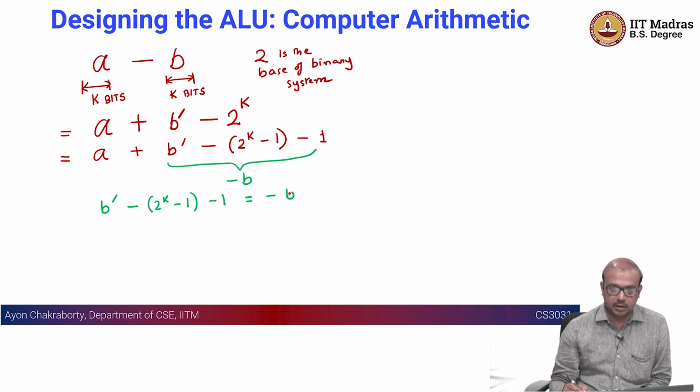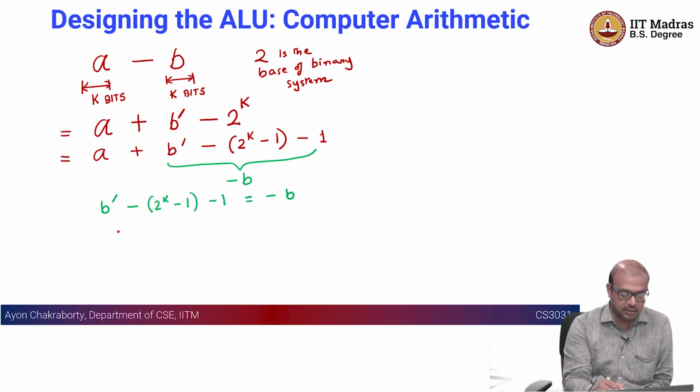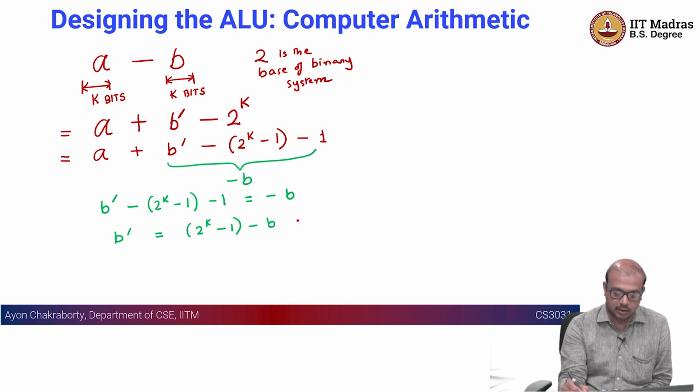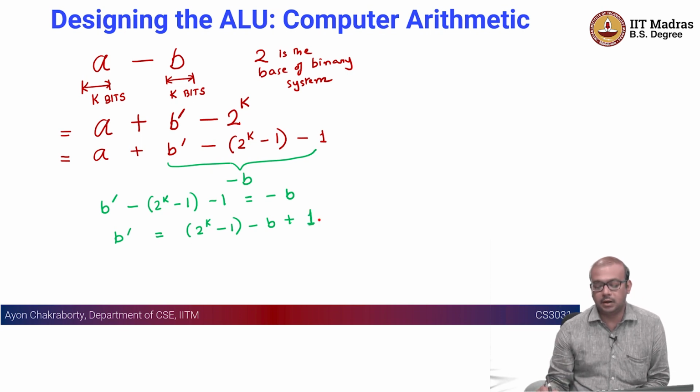We can do that. So I can simplify this: b prime is equal to 2 to the power k minus 1 minus b, and it goes to the other side, plus 1.